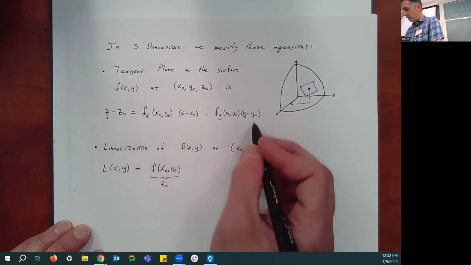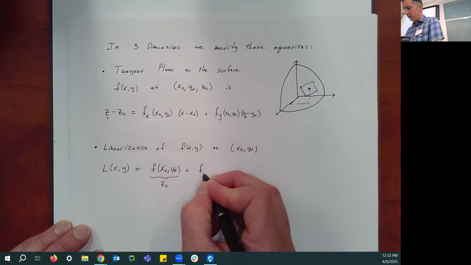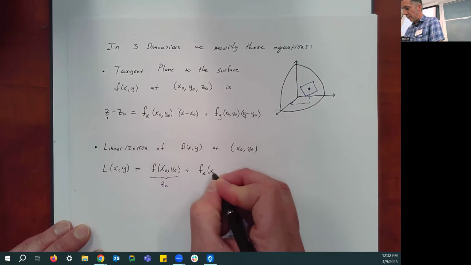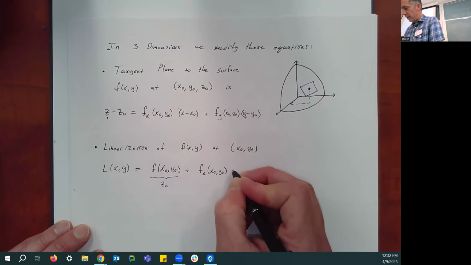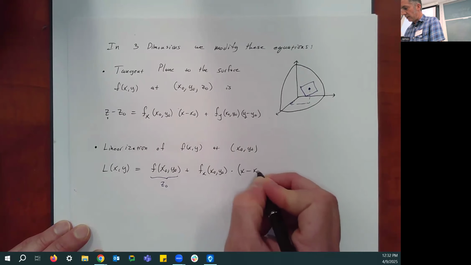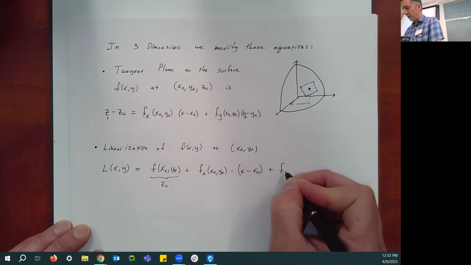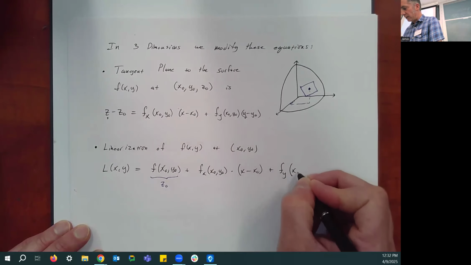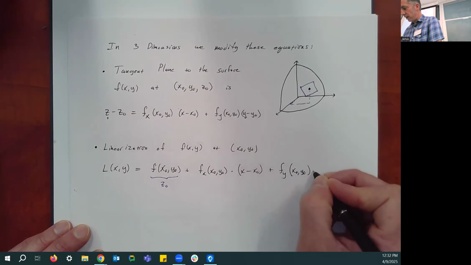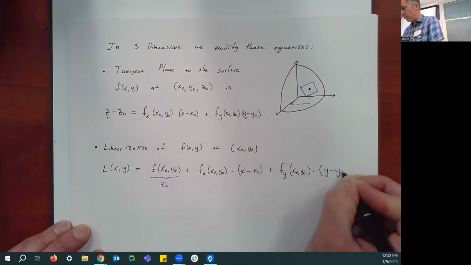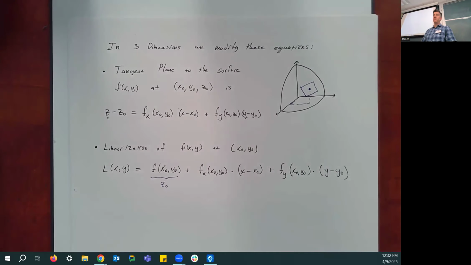And then we have this part still, plus the partial derivative with respect to x, evaluated at the point x naught comma y naught, times x minus x naught, plus the partial derivative with respect to y, evaluated at x naught comma y naught, times y minus y naught. So pretty much the same thing we just saw, we're just adding another dimension. Cool.